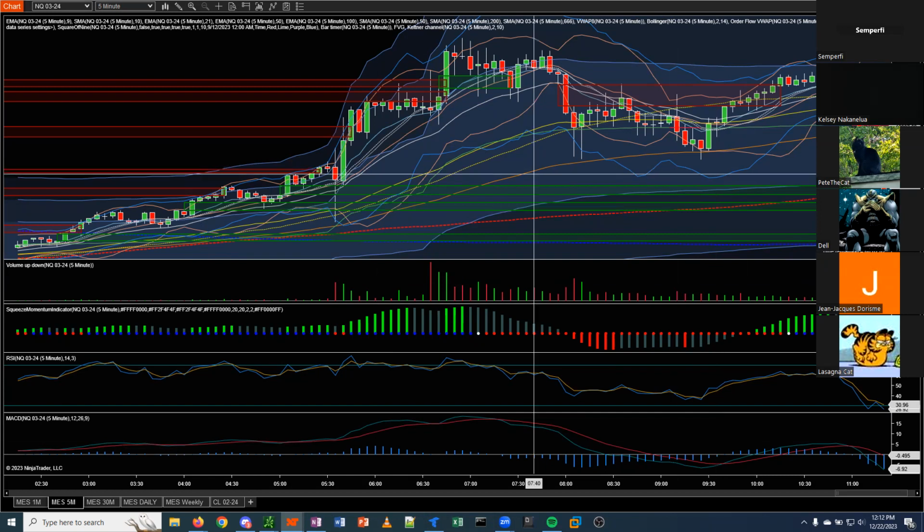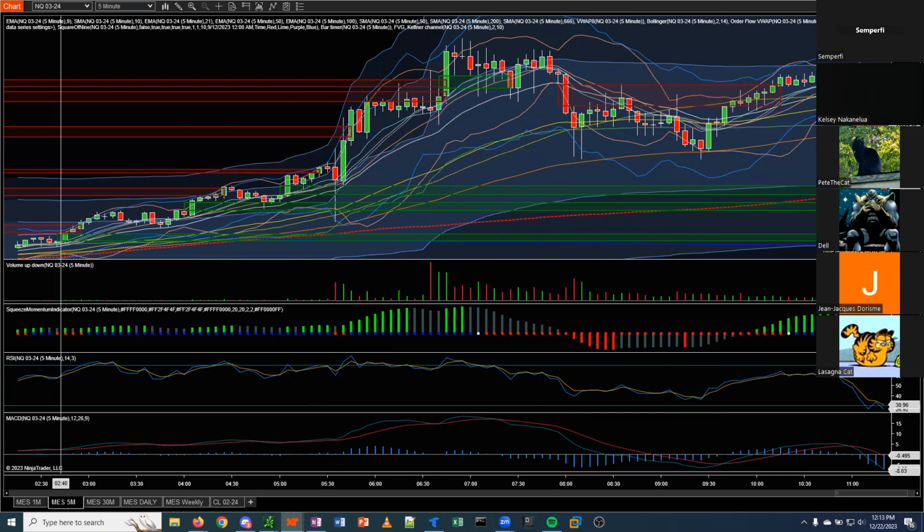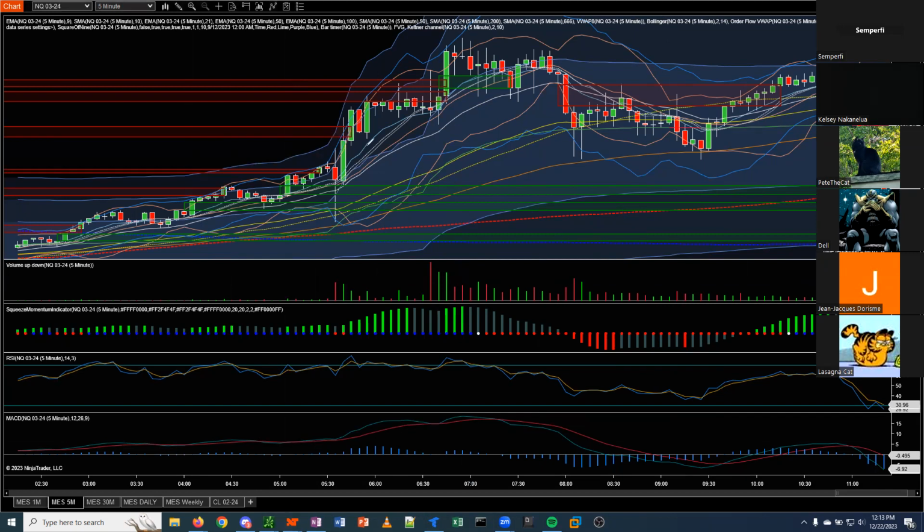You guys were entering on this side of the trade instead of on this side of the trade. You were entering up here when you should have been waiting for the pullback. Because if you entered here, let's just avoid this red candle right here.